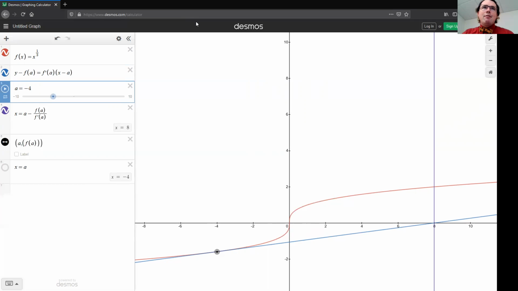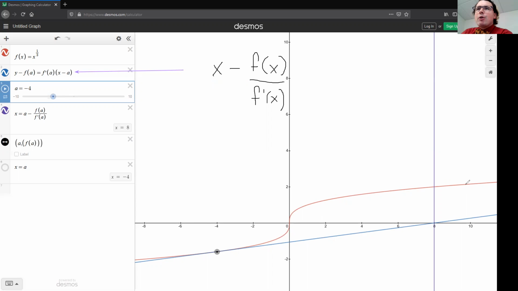Let's take a very, very close look at this formula to understand when Newton's method can just not work. So my next guess says, take my old guess, subtract off the value of the function at that guess, divide it by the derivative of the function. Well, what's special about this function right here that didn't happen before?